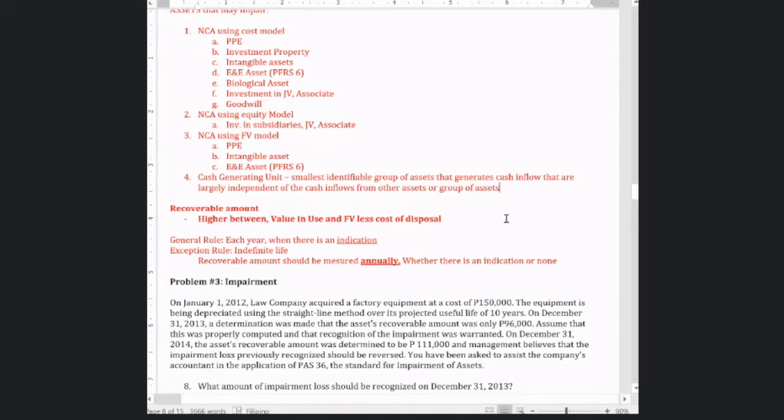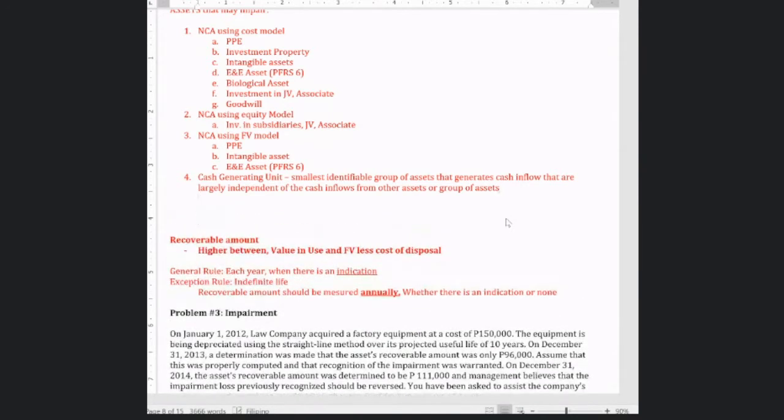So ayan, yung definition ng cash generating unit. So kapag may nakita kayong ganitong problem, usually, ang makikita mo dyan, from the definition itself, meron yan sariling assets, pool of assets. So pwedeng may land, pwedeng may building or machinery, etc.